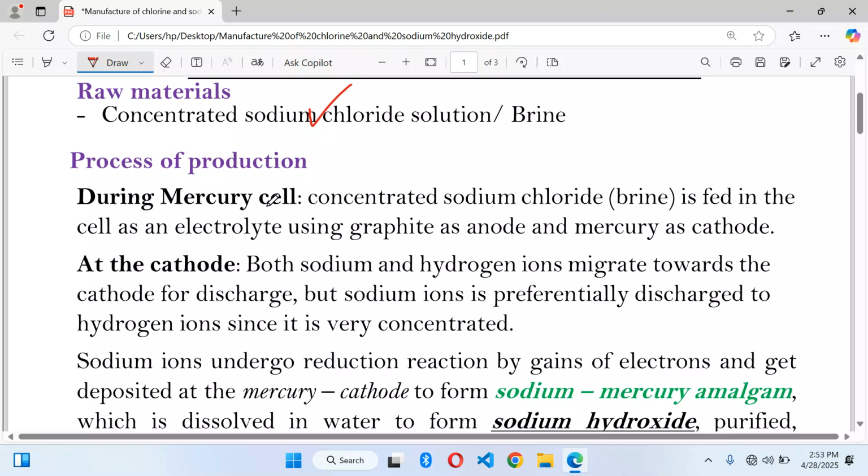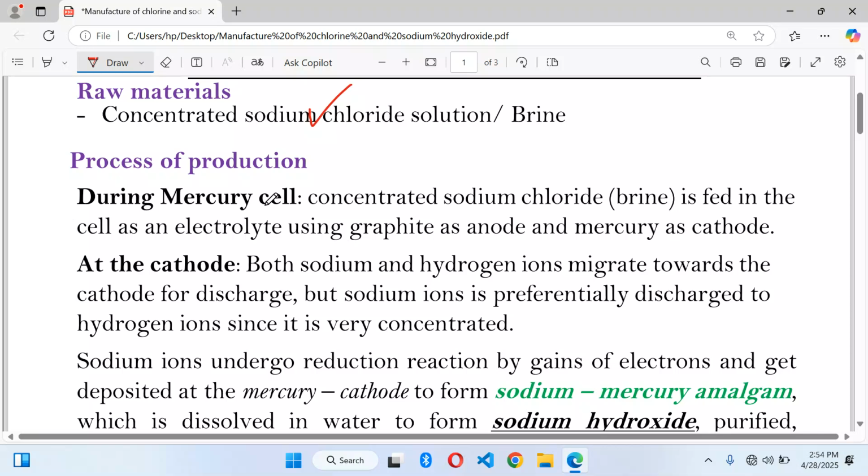So I'm saying that the mercury cell is the one acting as our cathode. And majorly all our observations as we produce sodium hydroxide are at the cathode, which we are using as the mercury. That's why we are saying the mercury cell.